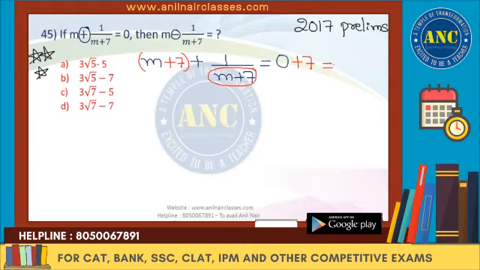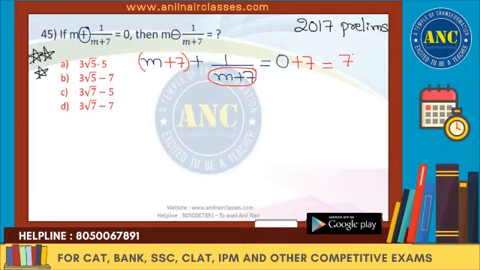In very simple language, m plus 7 plus 1 divided by m plus 7 is nothing but equal to 7, right? Now suppose we assume this as x, then x plus 1 by x is equal to 7.